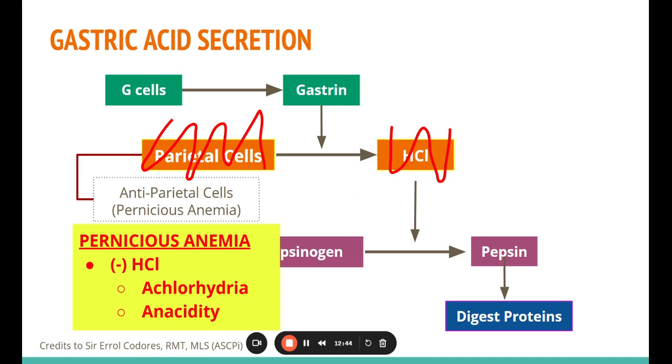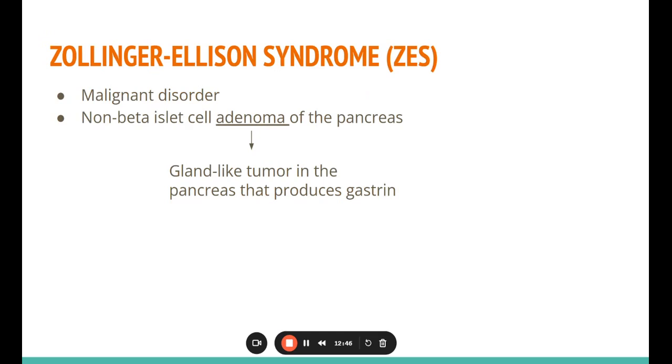How about in Zollinger-Ellison syndrome? Zollinger-Ellison syndrome, or ZES, is a malignant disorder. It is characterized by having a tumor in the pancreas. This tumor is the non-beta islet cell adenoma of the pancreas. Adenoma is a gland-like tumor and it produces gastrin.